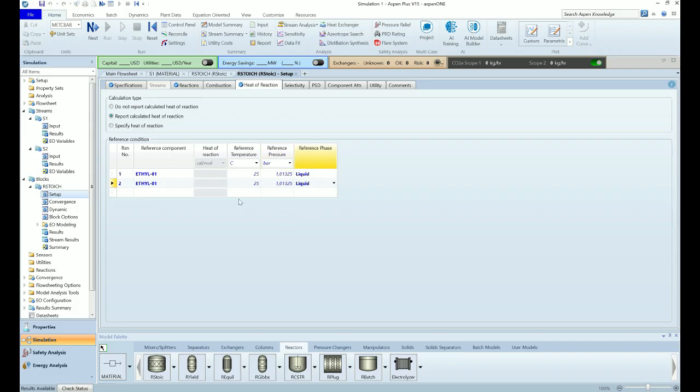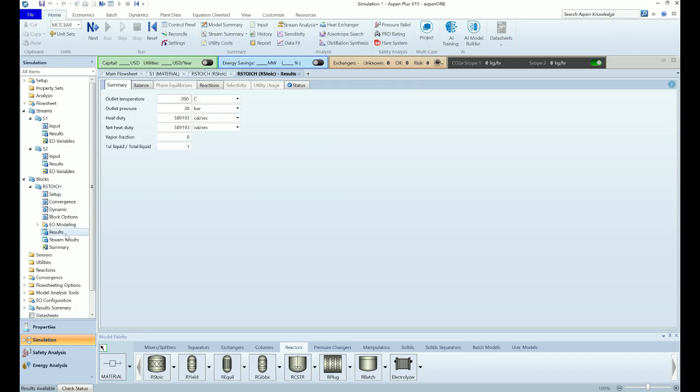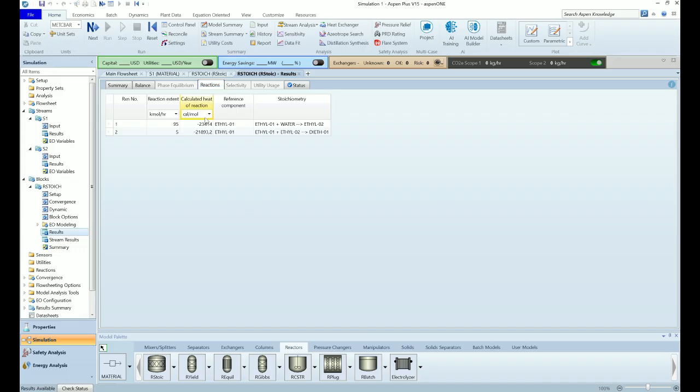If we select this here, we are going to calculate the heat of reaction. In our results here for reactions we have the calculated heat of reaction for these reactions, considering the reference compound, per mole or per kilomole, I think per mole of ethylene oxide that reacted in each one of the reactions.